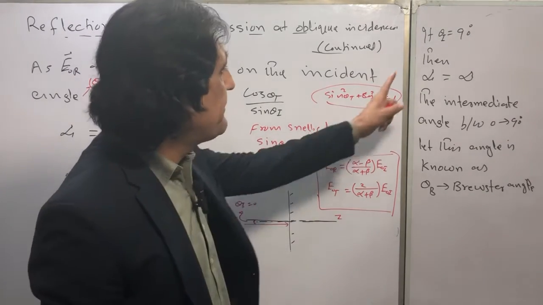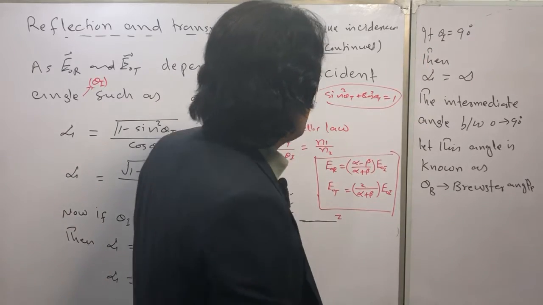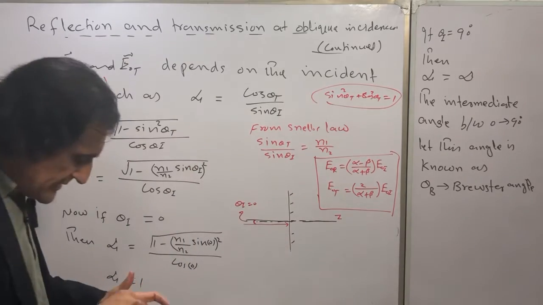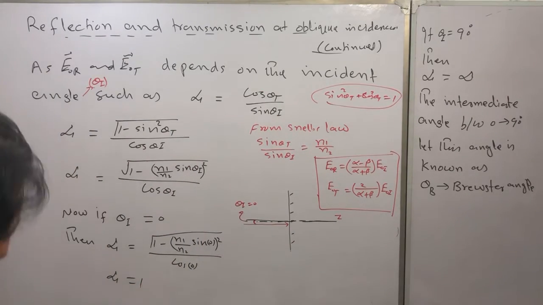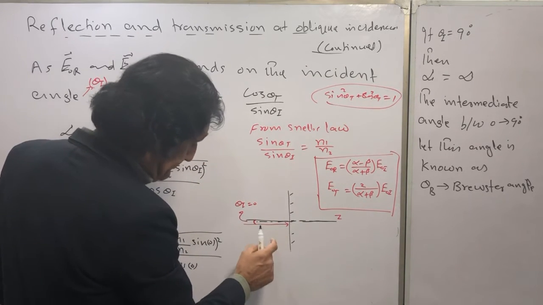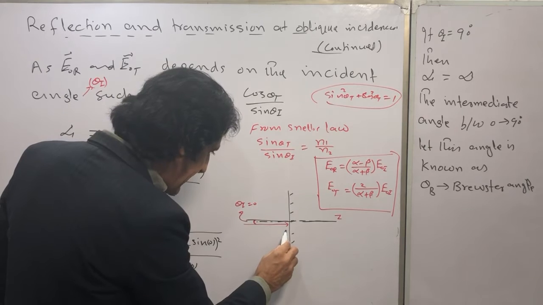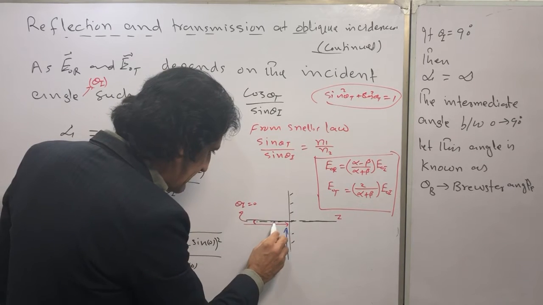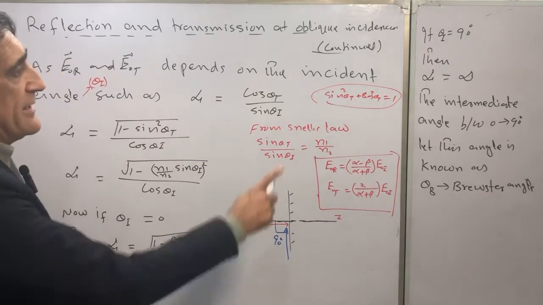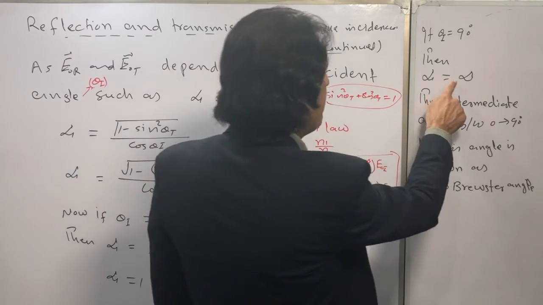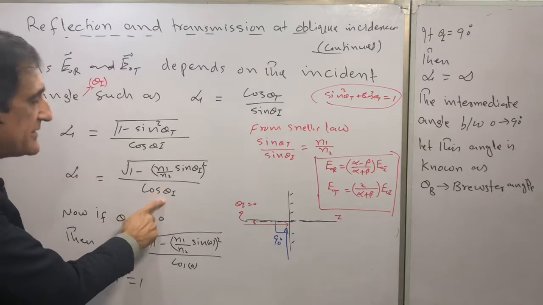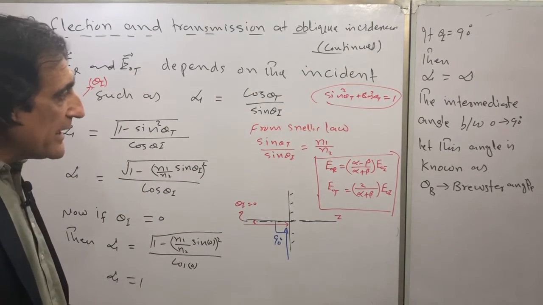For another case, if we consider theta I equal to 90 degrees, where the light is moving along the boundary, then it makes an angle of 90 degrees. Then alpha will be undefined, because cosine 90 is equal to 0.